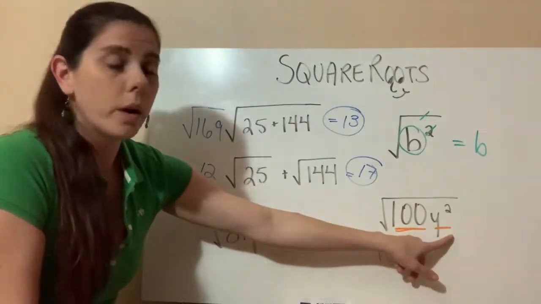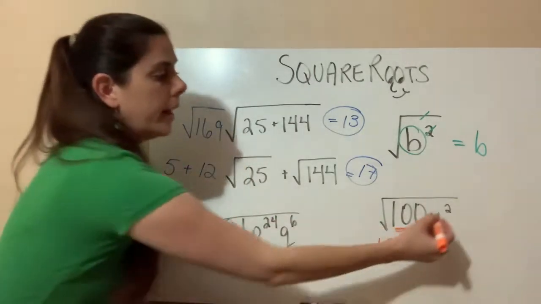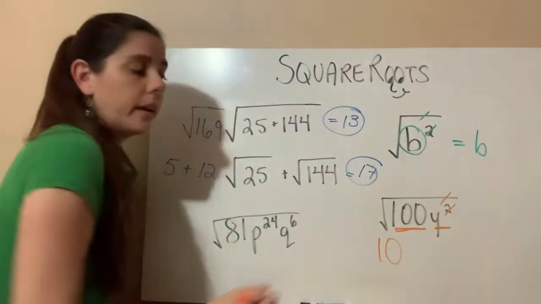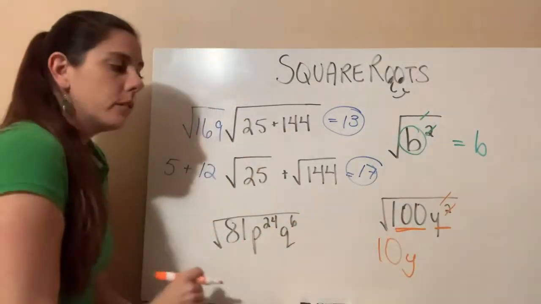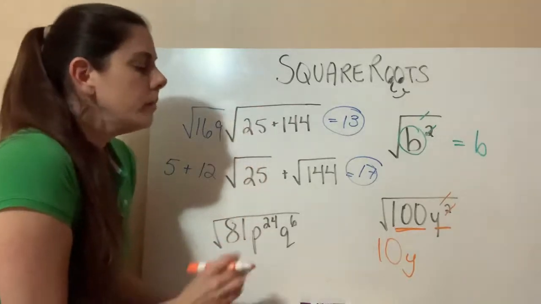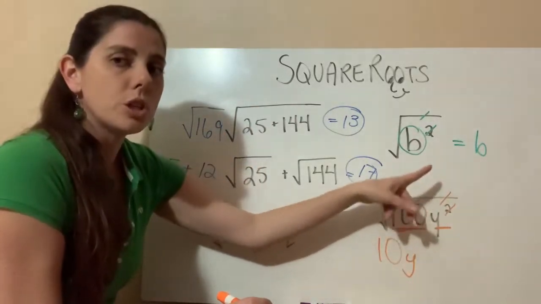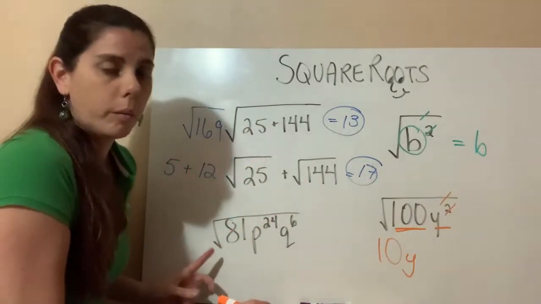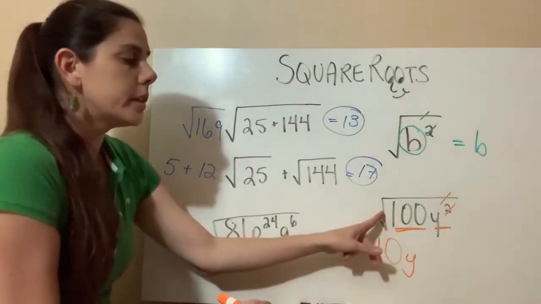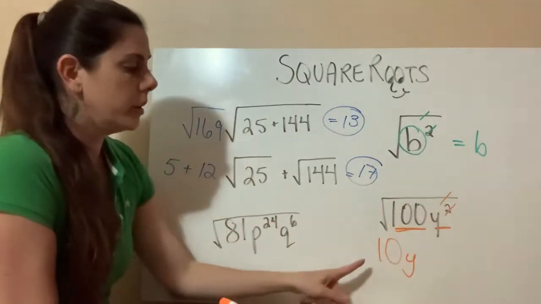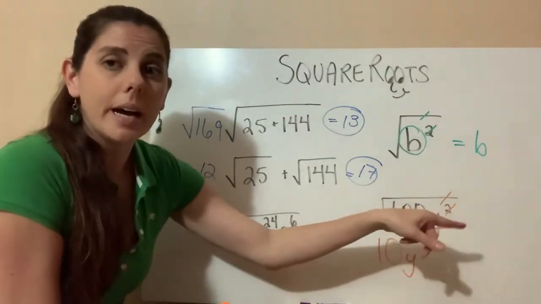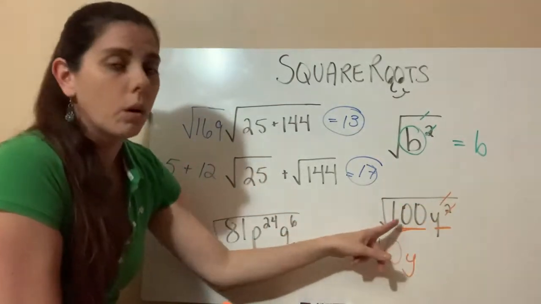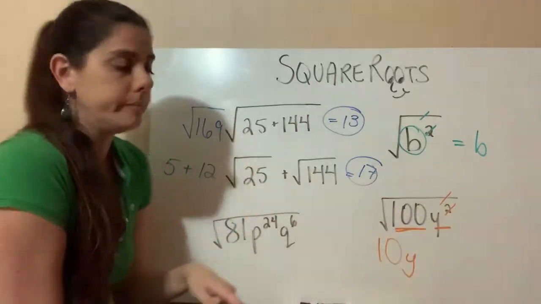Now, what's the square root of y squared? Again, that y squared and the radical sign cancel out, and you're just left with y. There's another way to look at this too that we'll see in the next problem. But the square root of 100y squared is just 10y. That means 10y times 10y would equal 100y squared.